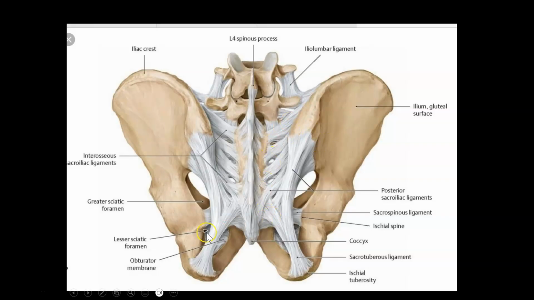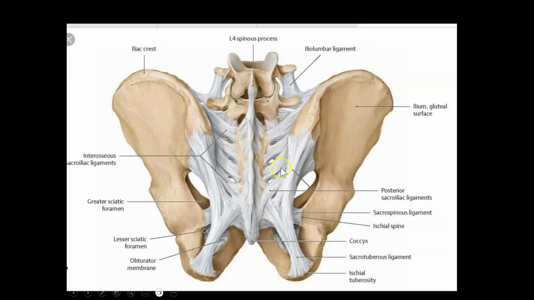And also I want you to pay attention to accessory ligaments, one between the sacrum and the ischial spine called the sacrospinous ligament, and one between the sacrum and the ischial tuberosity called the sacrotuberous ligament. So in this view we can see the very strong sacroiliac interosseous ligament, the posterior sacroiliac ligament with short and long components.